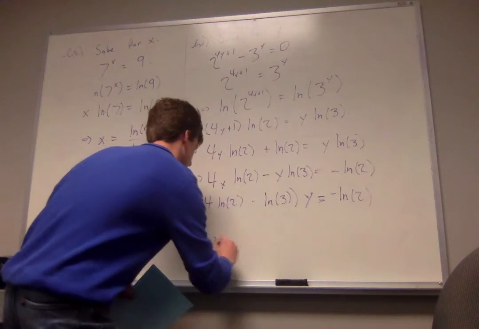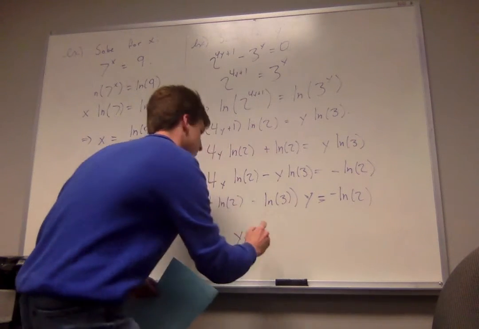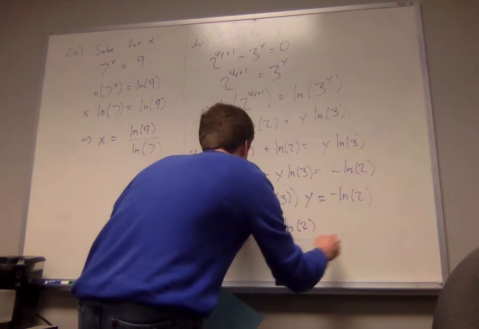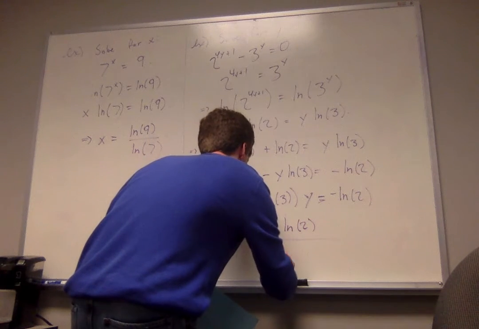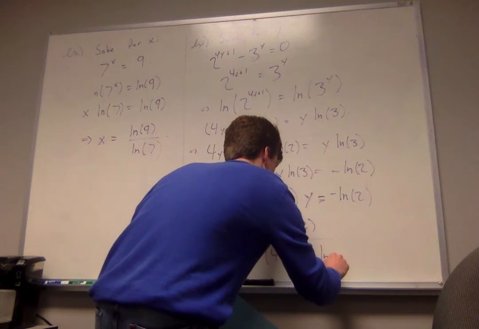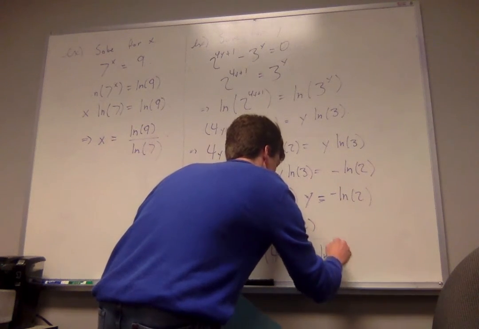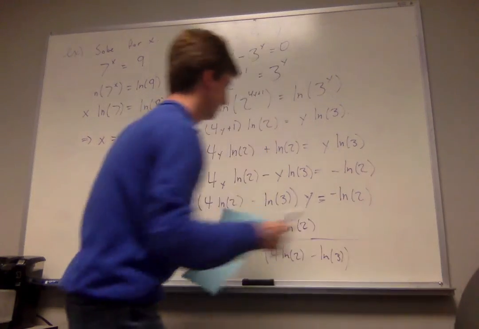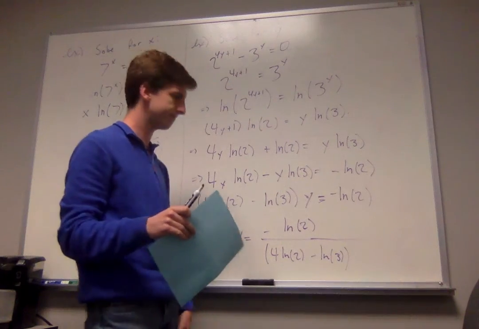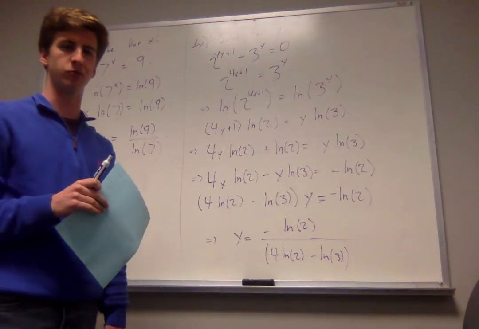So finally, y is negative log 2 over 4 log 2 minus log 3. That's how you solve exponential equations.